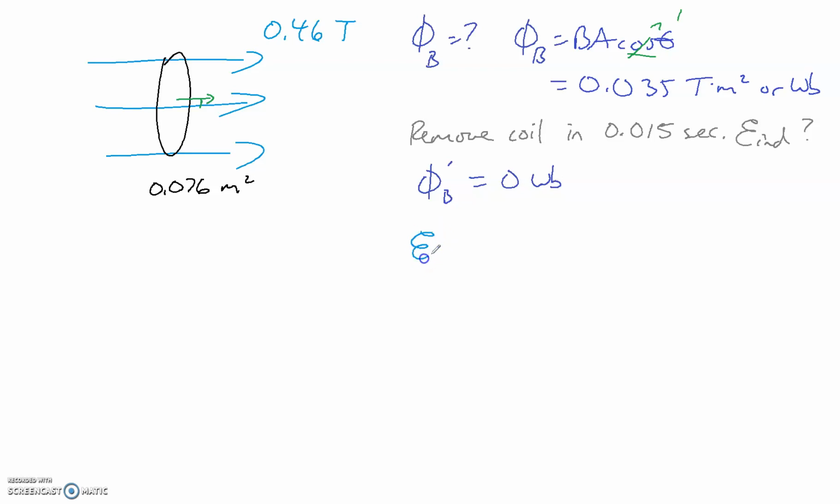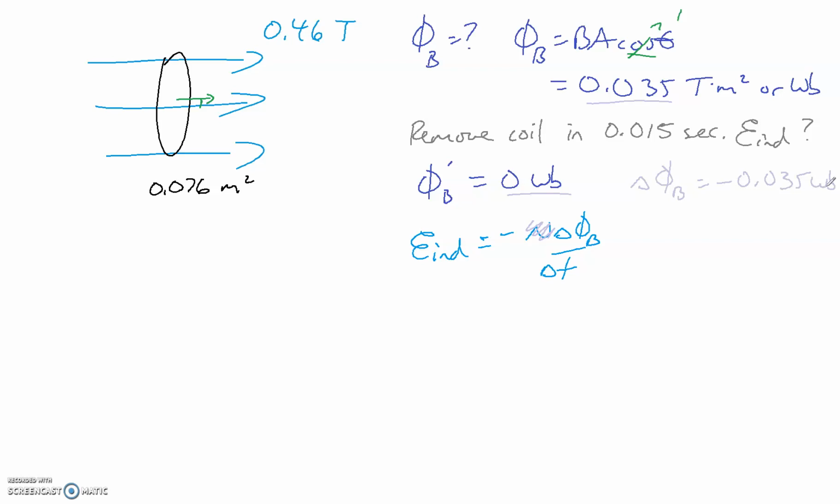So I need to incorporate that into my expression. The induced EMF expression we had last time was negative N times the change in magnetic flux divided by the change in time. My N value, I don't have to worry about, since there's one coil, so that's just 1. It's not about how much flux you have, it's about how your flux has changed. If I started with 0.035 and now I'm down to 0, my change in magnetic flux was negative 0.035 Webers.